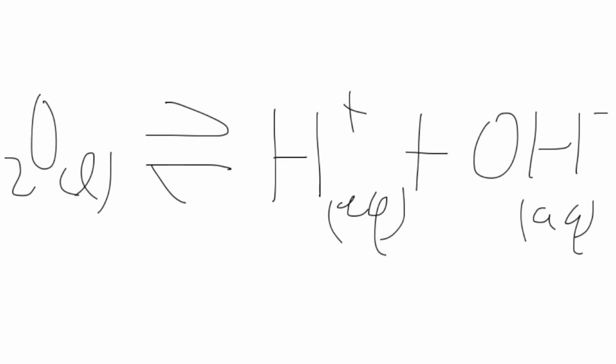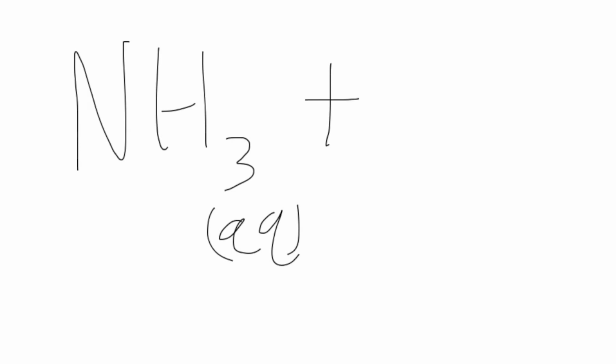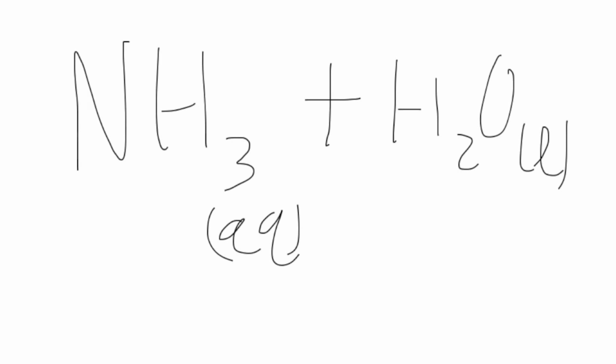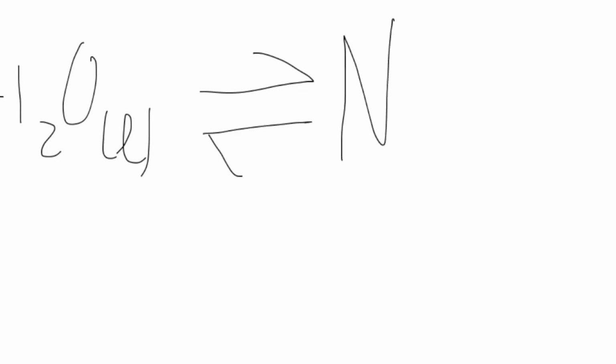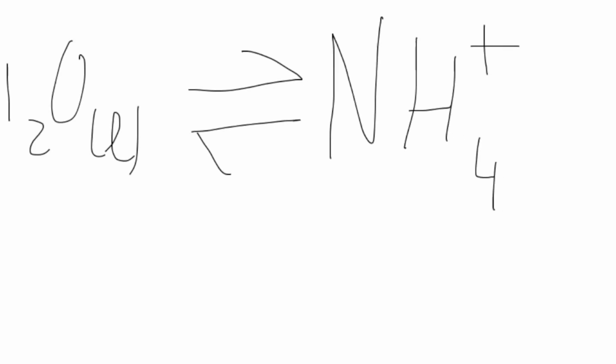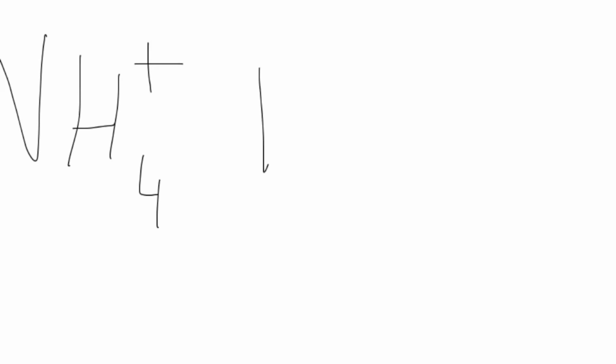And on the other hand, a base, according to the Bronsted-Lowry definition, is a proton acceptor, mainly of H ions. Ammonia, NH3, when it reacts with H2O, which is water, you get NH4 plus, ammonium, and hydroxide.